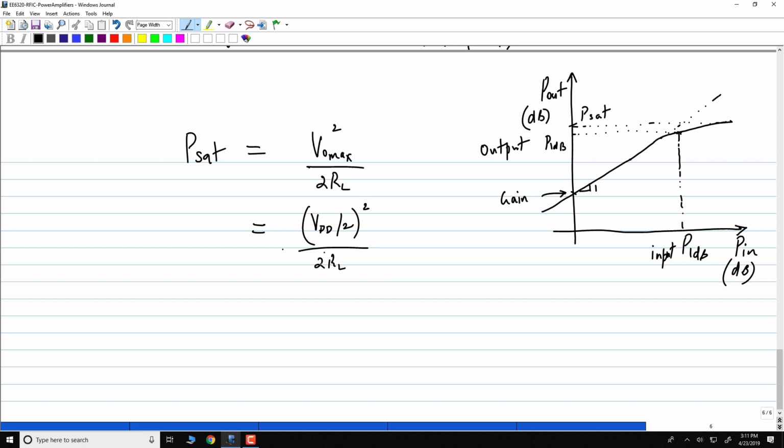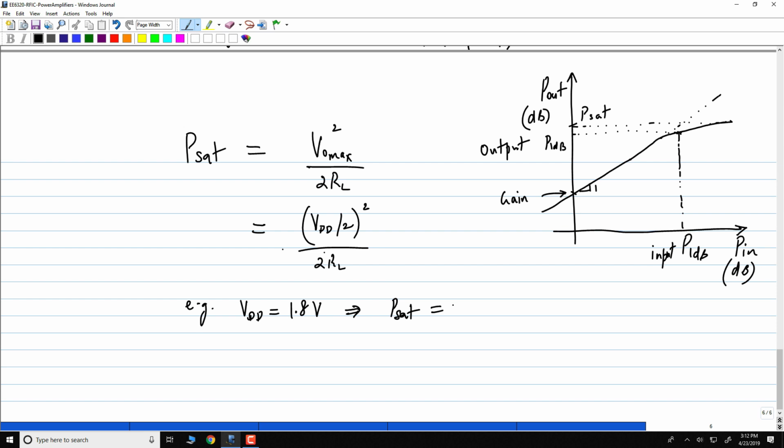What is VDD in your case? 1.8 volts. What is Psat? So 0.9 squared by 100. So 0.81, 0.0081. So 8.1 milliwatts.